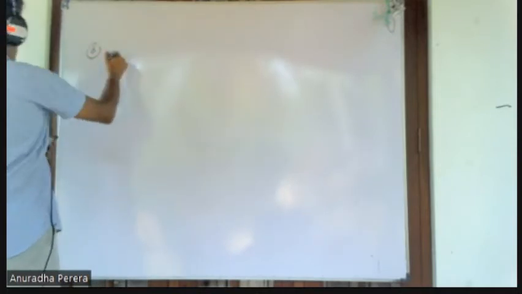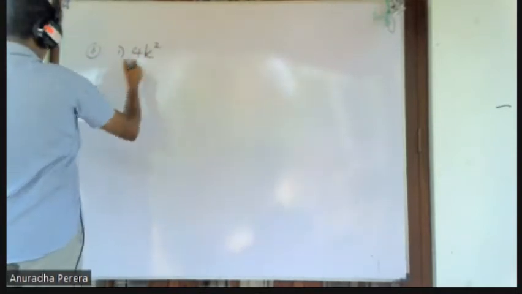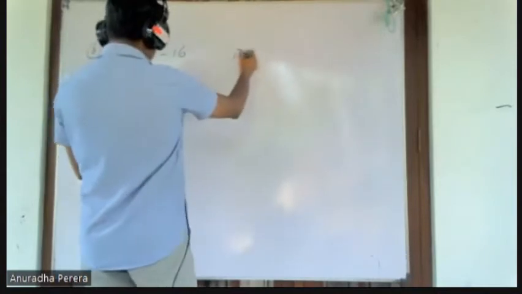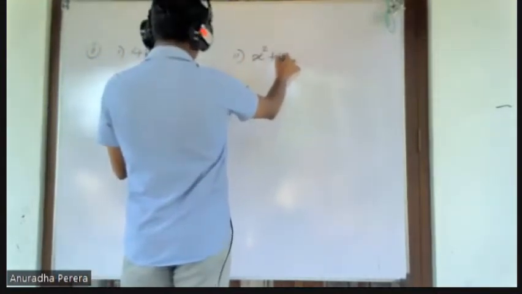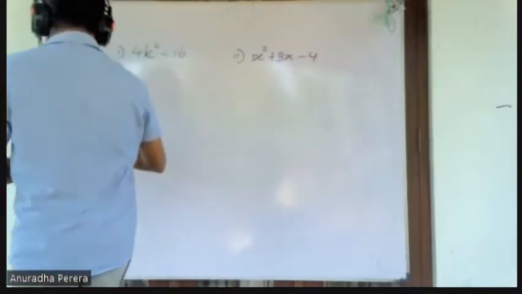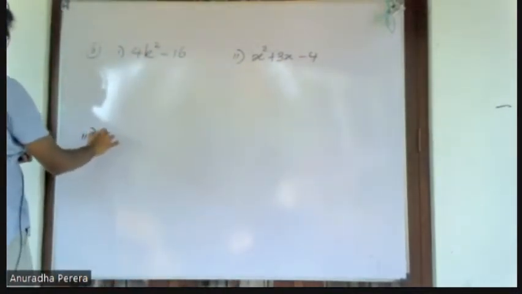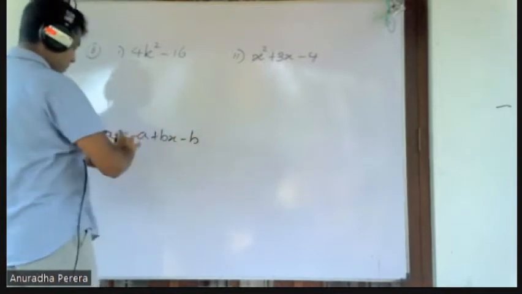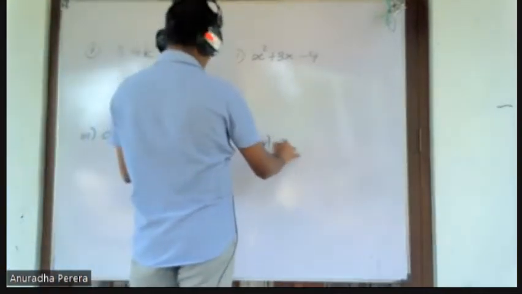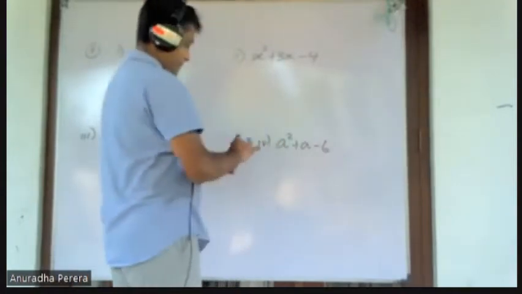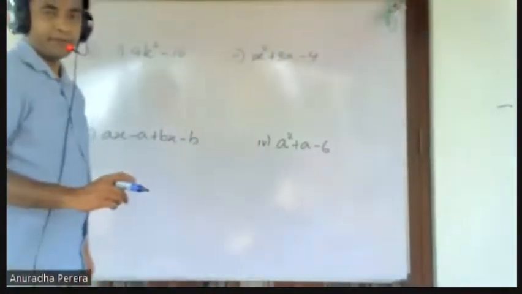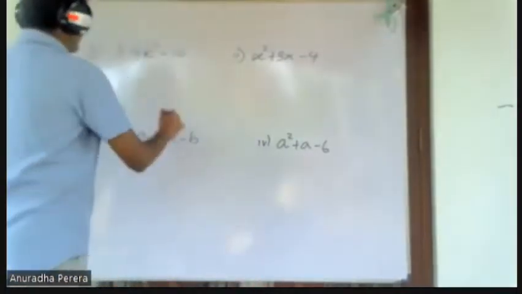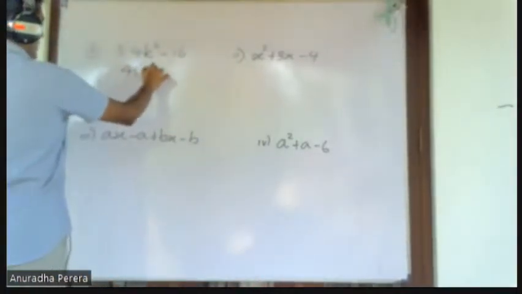Six. 4k squared minus 16. The first step, you can take 4 as a factor. 4 times k squared minus 4.